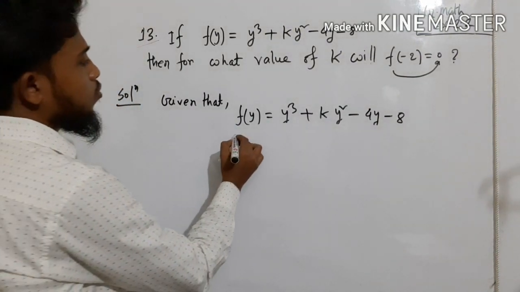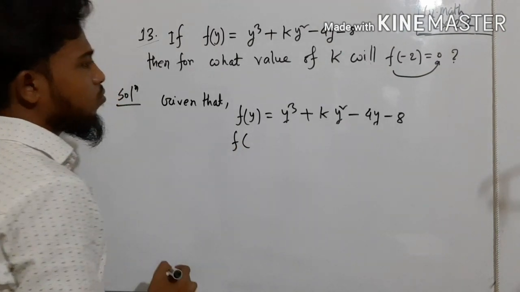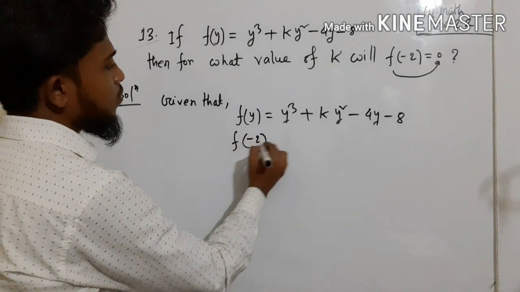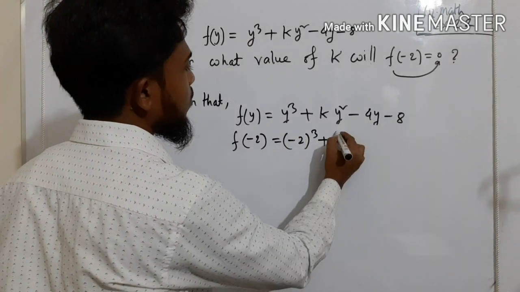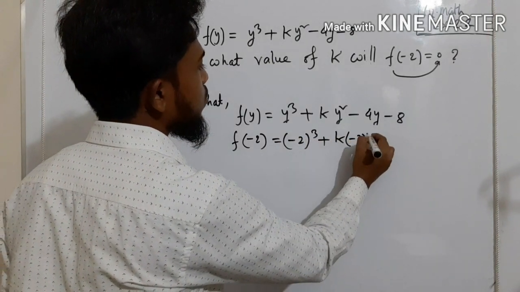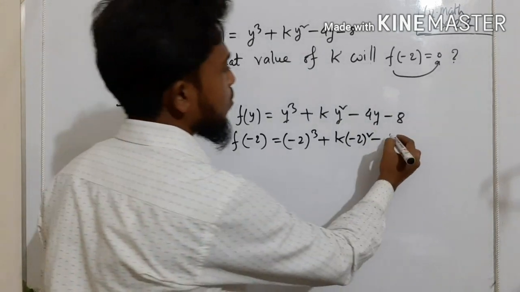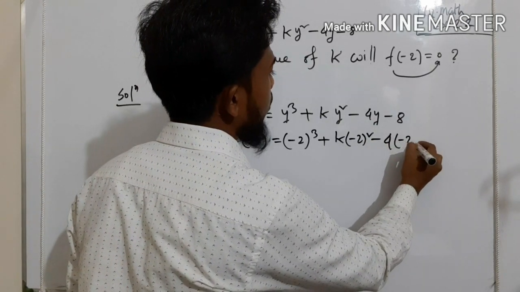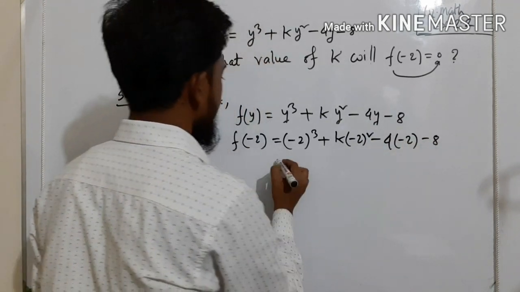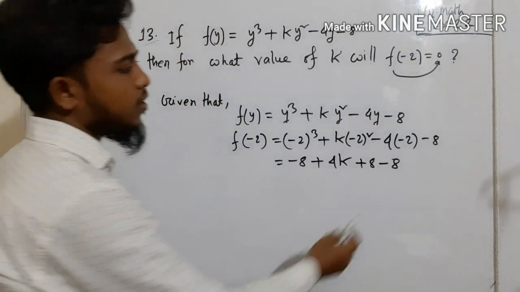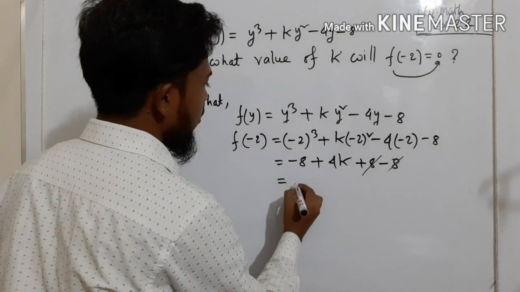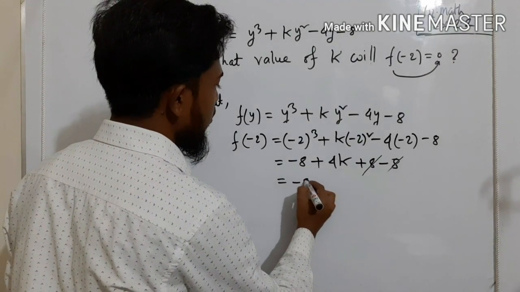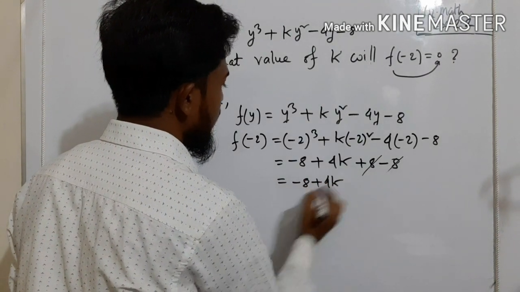So if we put y equal to minus 2, then minus 2 cube plus k times minus 2 square minus 4 times minus 2 minus 8. So plus 8 and minus 8 are cancelled. So we can write minus 8 plus 4k.